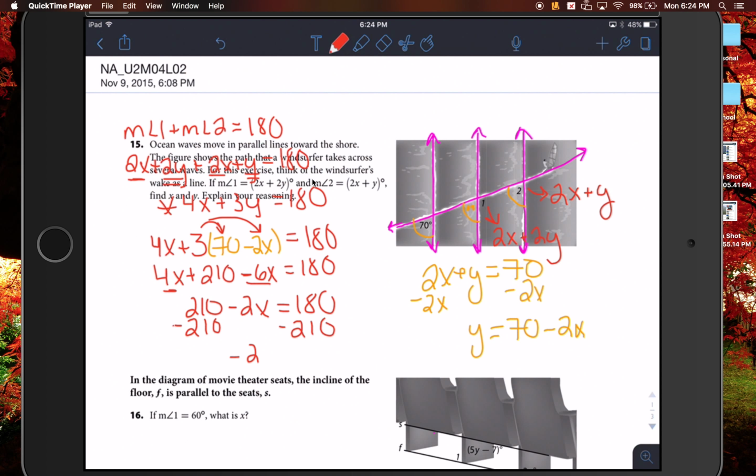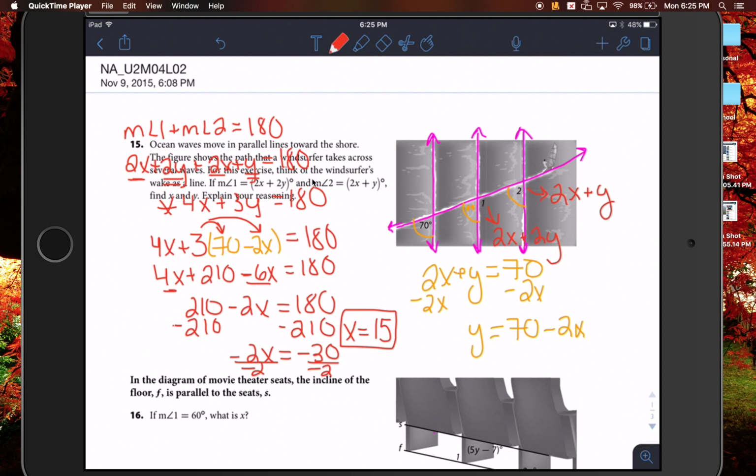So I get negative 2x equals 180 minus 210, which is negative 30. And then I'm going to divide by negative 2 to get x. So x equals 15. So I solved for x.